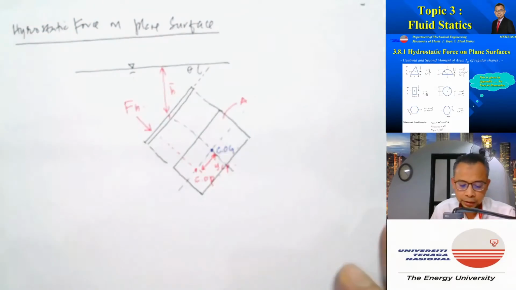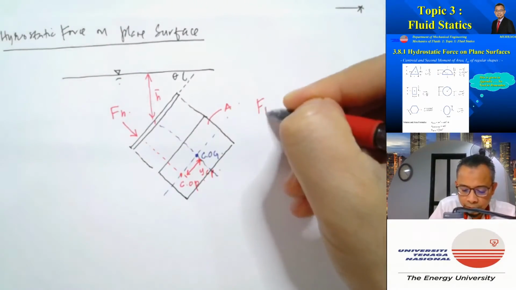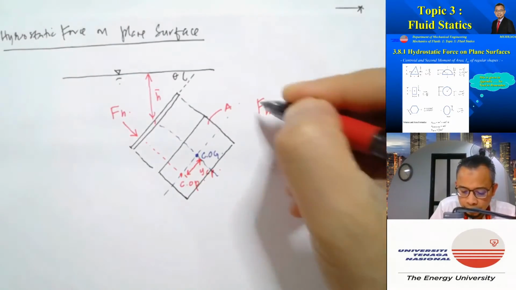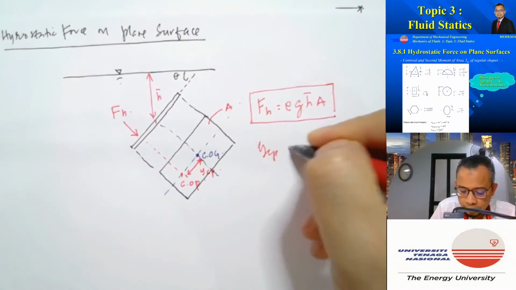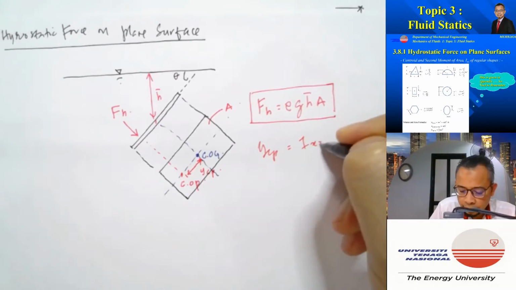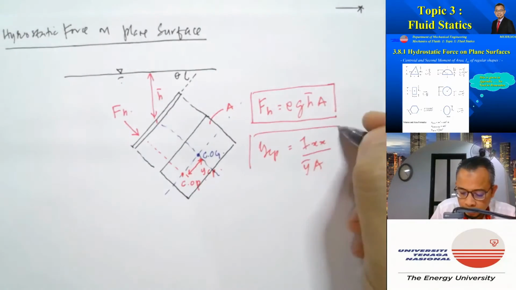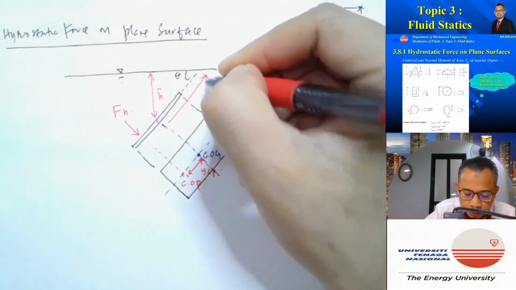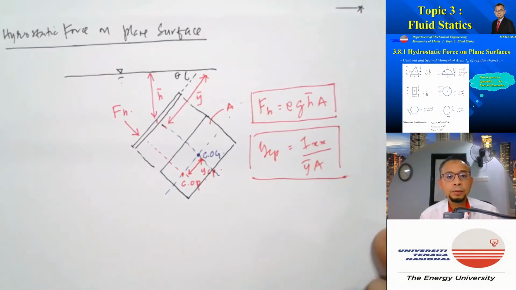F hydrostatic. And we have shown just now that the magnitude of the hydrostatic force is equal to rho g h bar A, and YCP is equal to Ixx over y bar A, where y bar is the slanted distance of the centroid to the water surface.